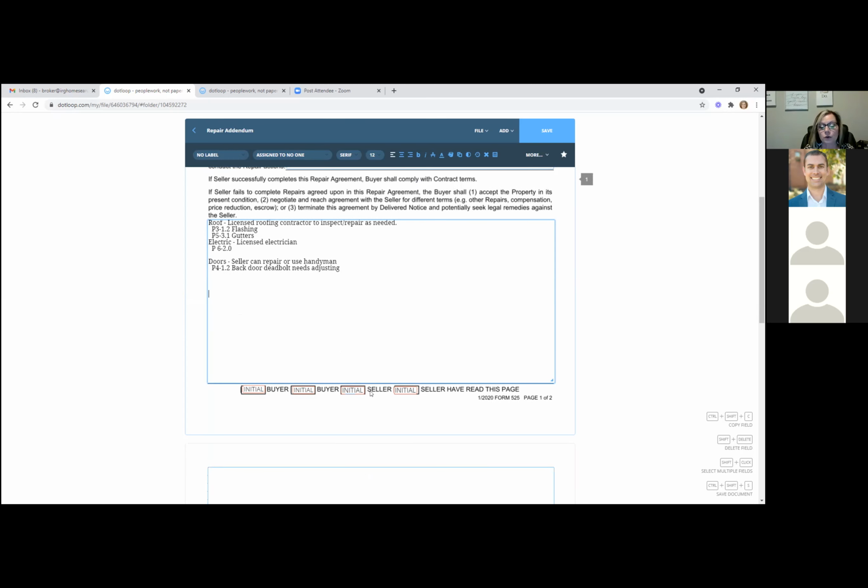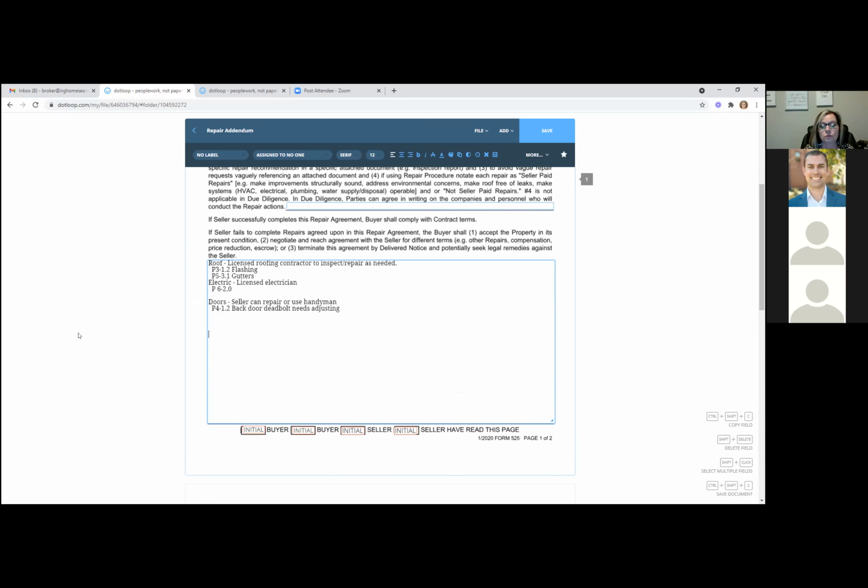The buyer has to initial, the seller has to initial. Let's just say that later on, when this comes back from the seller, the seller has put a strike through on this.